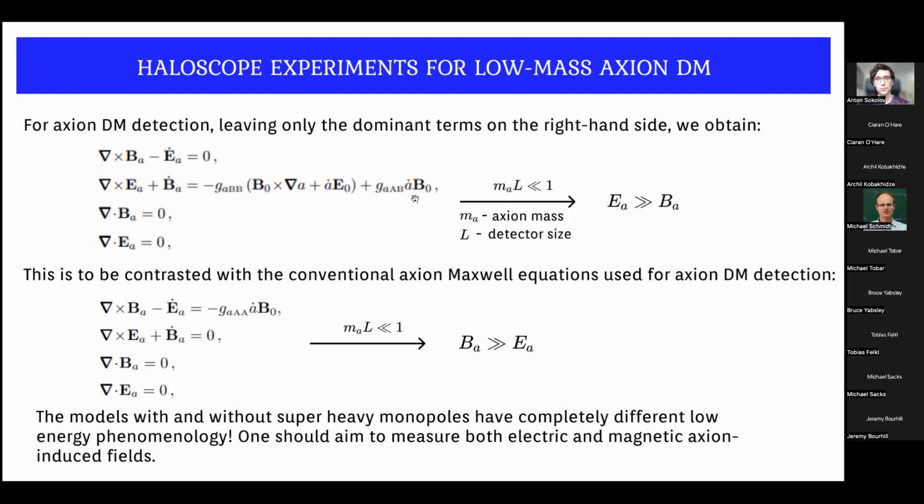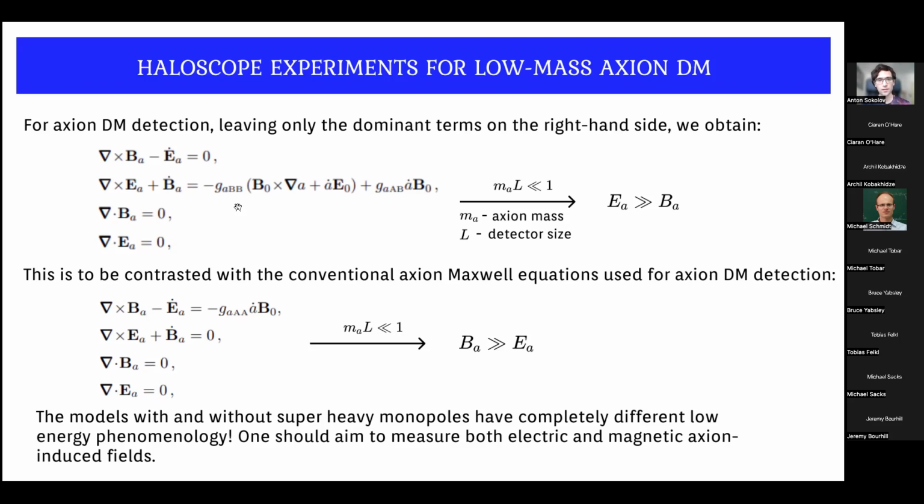And this could mean that by measuring instead the axion-induced electric field, or some other different modes in our cavity, we could explore also the BB couplings. It also means that if we detect this BB coupling, then we can qualitatively distinguish it from the AA coupling.